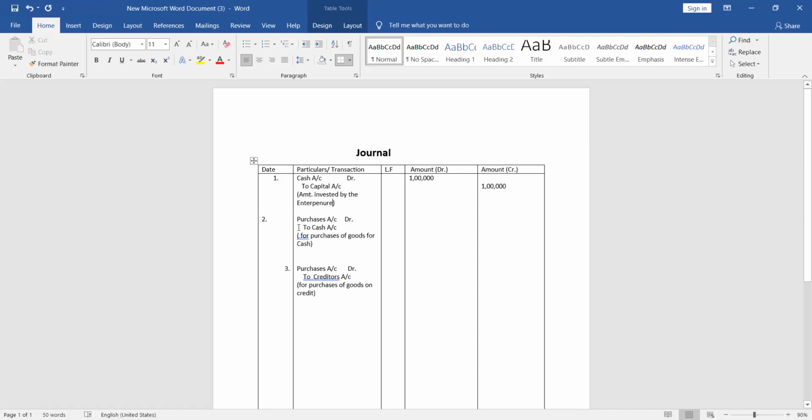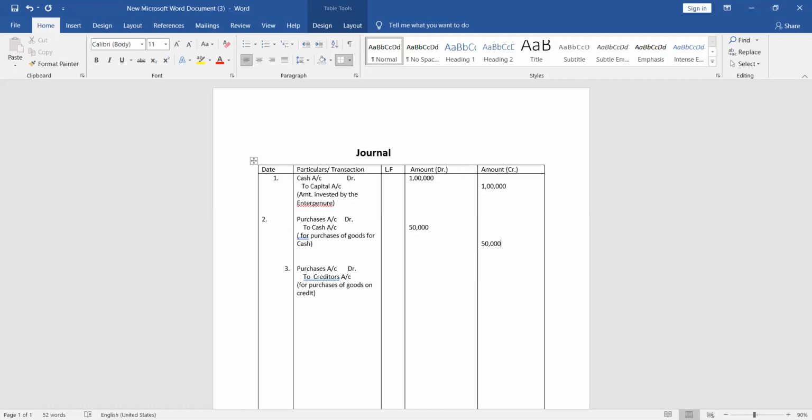Then goods are purchased for cash: purchases account debit to cash account. Whatever the amount is, suppose for 50,000, here you have to write 50,000, and in the credit again 50,000.